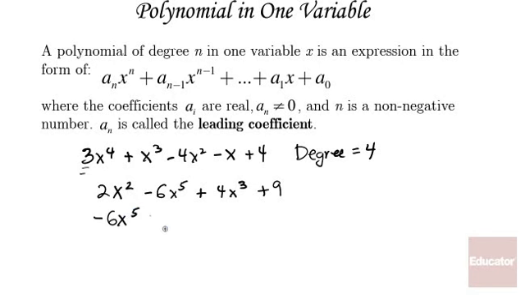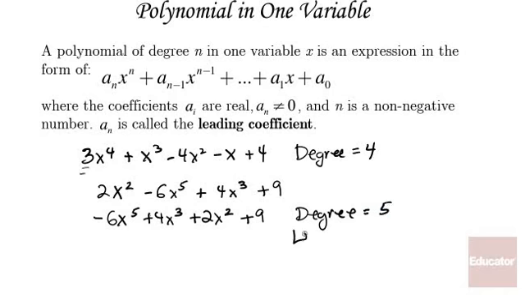So that'd be negative 6x to the fifth plus 4x cubed plus 2x squared plus 9. Here, the degree is actually 5, and the leading coefficient is negative 6. So just make sure that the terms are in descending order before you determine the degree and the leading coefficient.